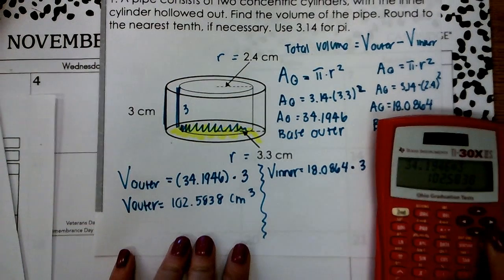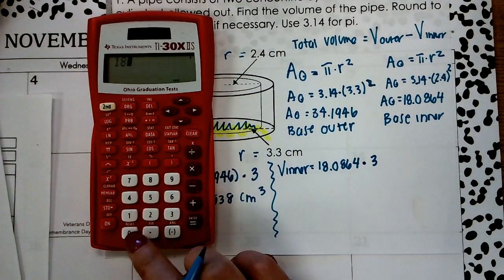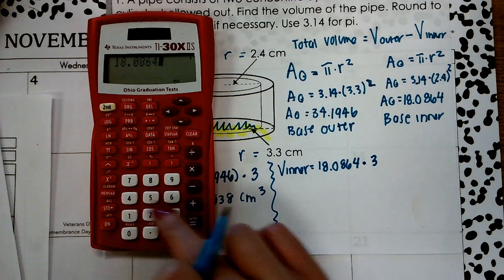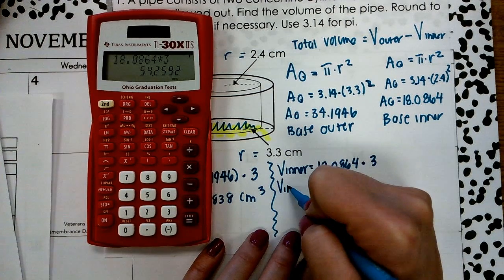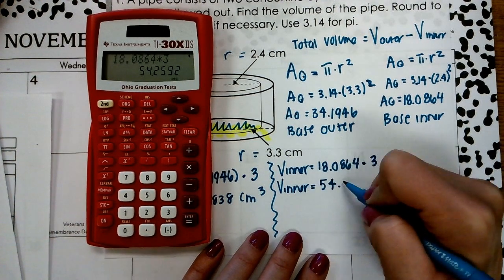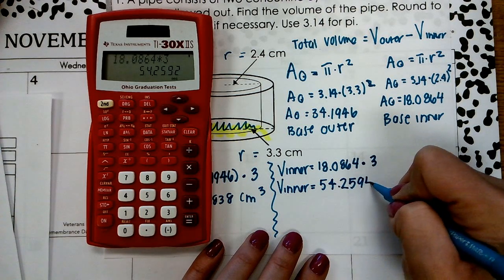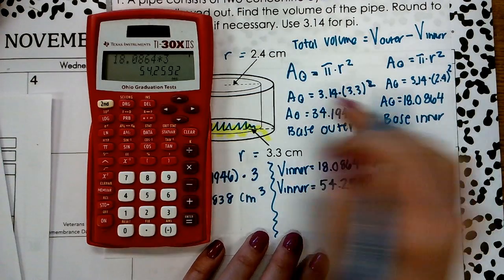So now we need to calculate that. So we're going to do 18.0864 times 3. When we do that, we get that the volume of the inner cylinder is equal to 54.2592 centimeters cubed.